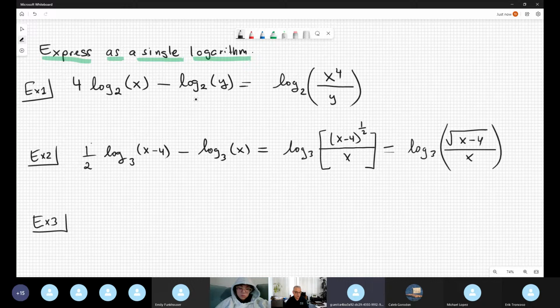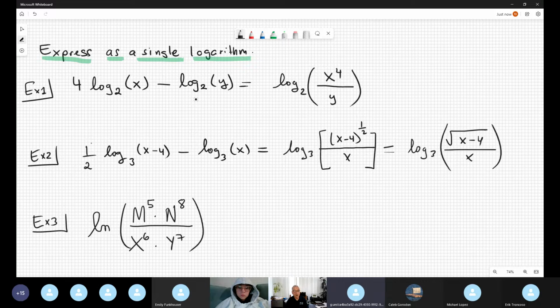Suppose natural log of a complicated fraction: m to the 5th power times m to the 8th power, divided by x to the 6th power times y to the 7th power. And what's my goal? My goal is to expand.